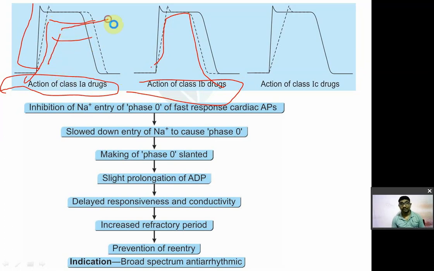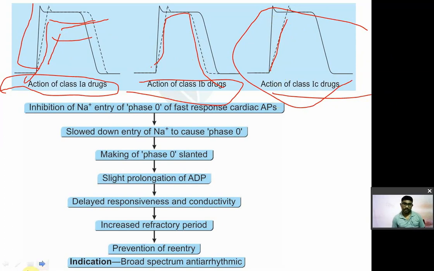Then class 1C drugs are potassium channel blockers. What will they do? They will decrease the slope of phase 0, okay? And they will not have an effect on action potential duration. Class 1C drugs will not have an action potential duration effect.